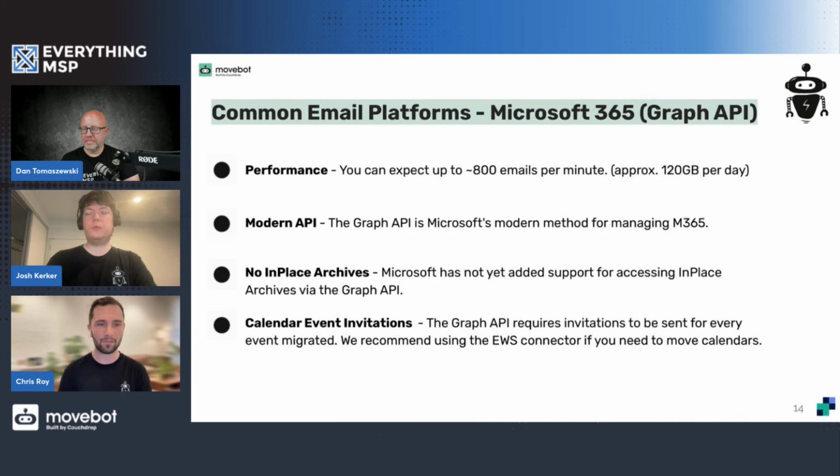One of the big items the Graph API is still missing is support for in-place archives. As we mentioned before, especially when you're coming from large Google environments or even old Microsoft environments, a lot of people depend on in-place archives and having that additional storage space outside of their 100 gig quotas. So this is not currently available via the Graph API. We hope that it will be there soon.